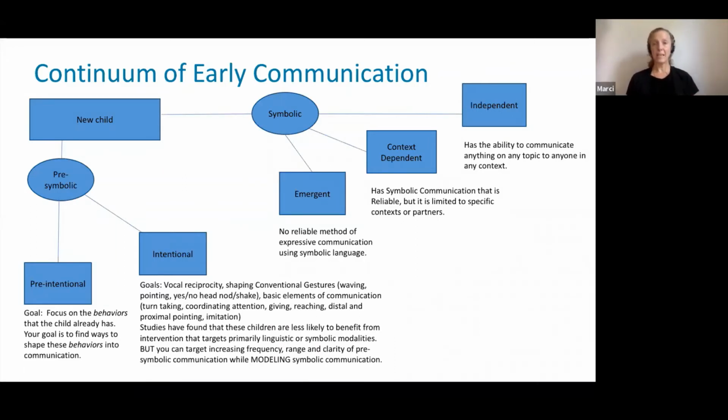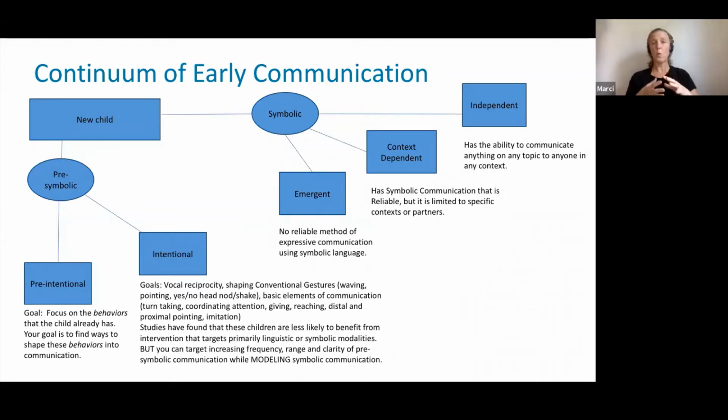Studies have found that these kids are less likely to benefit from interventions that target primarily linguistic or symbolic modalities. In other words, if we push too hard to get that more sign or to get the child to say more without having a more solid foundation of intentional communication, it's going to be harder to progress.